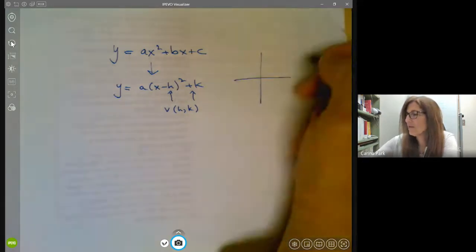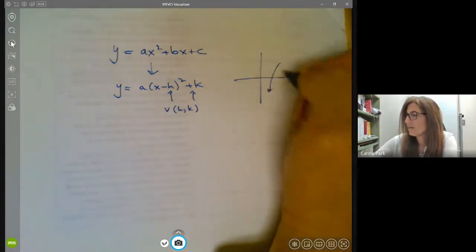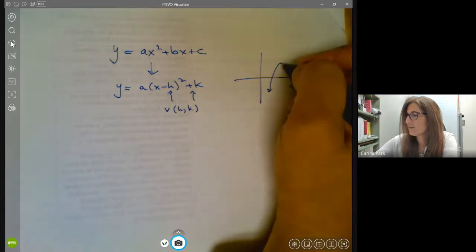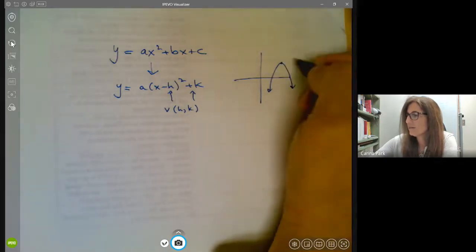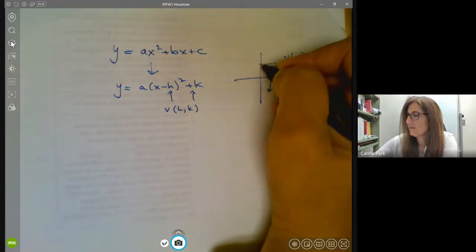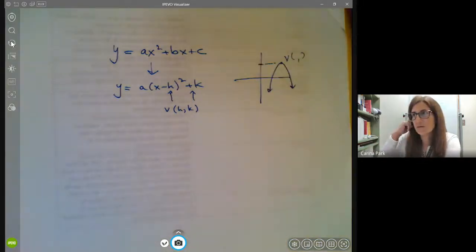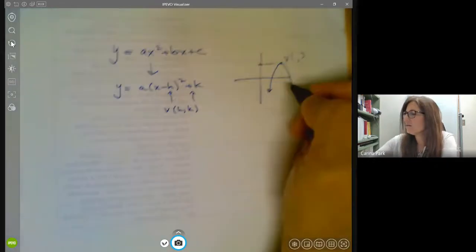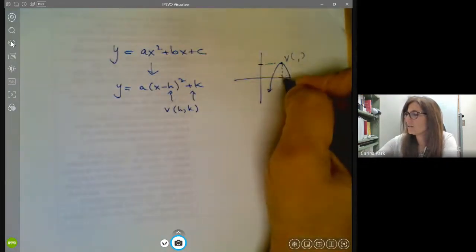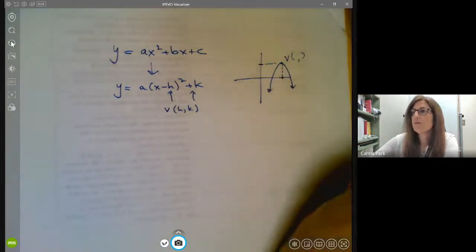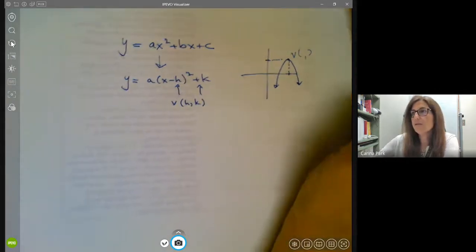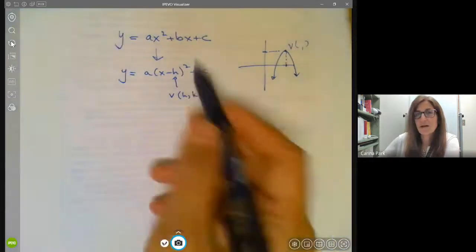From the vertex form, if I know the vertex, then I can use the vertex to start sketching the parabola, and I can tell easily what my maximum value or minimum value is. And I can also tell where that value occurs. All right, so that's why we even bother converting forms.